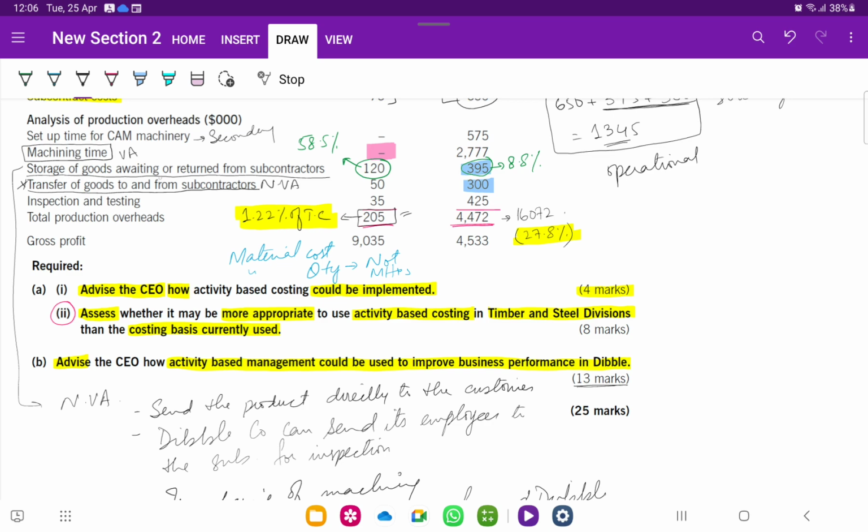The second one is the storage of goods awaiting or returning from the subcontractor. We will be able to control this cost also, because if you are managing your inventory on your own, then obviously you can control the pace, right? If you are sending goods to the subcontractor, you have to arrange a few things in advance, because you will send it accordingly, or you will get it back on the due time.